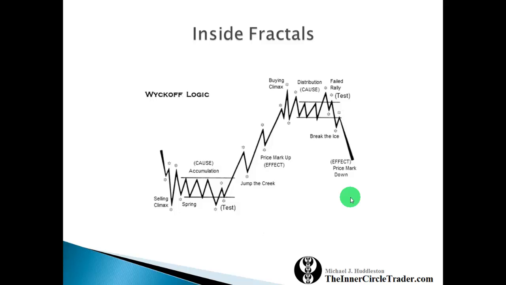The problem with it is you can't apply it in real time. Many times a divergence may be there at the moment as the bar is forming, but then all of a sudden the indicator catches up and the divergence just fades away. I'm sure if you've looked at any oscillator, you've seen that occur many times, and it could stay in the overbought or oversold areas for long periods of time.